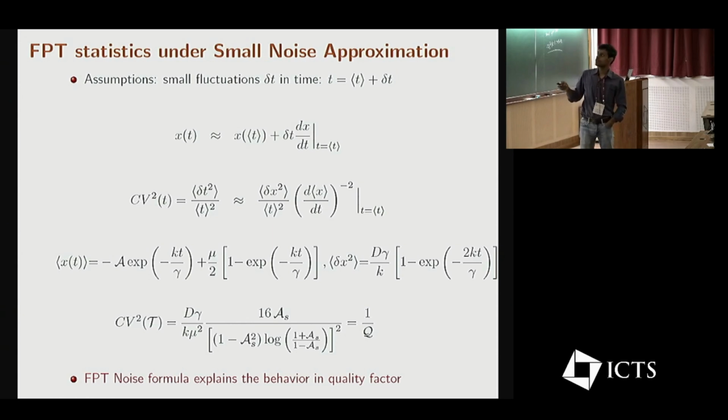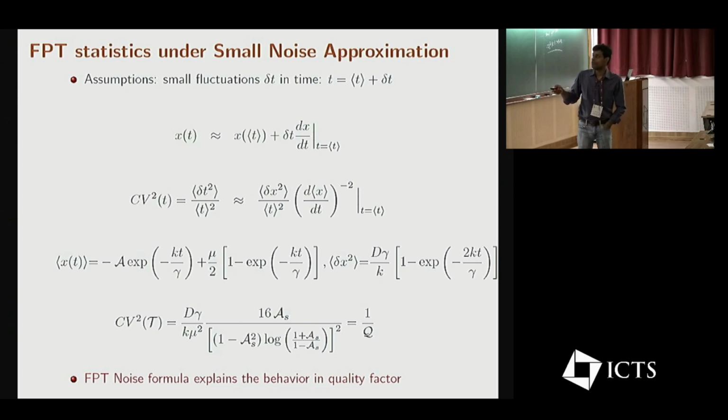With it, we can find that the noise in time is related to the noise in position, and finding the noise in position is comparatively very easy, an algebra problem. Using this, you can get a nice formula for the relative noise in the first passage time.